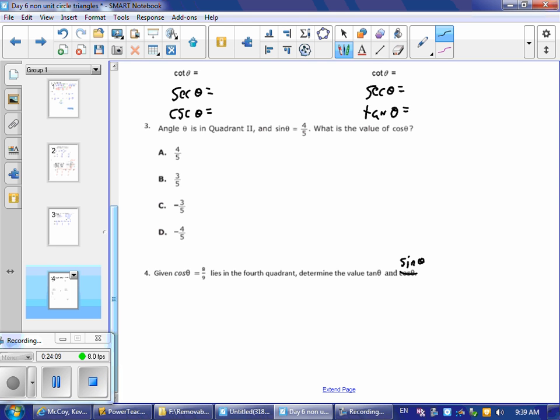Just like if we had the square root of 3 or the square root of 2 that we can use on the unit circles, we leave them that way. So if it does not work out to be a perfect square, and it won't on number 4, leave it under a square root when you go to do your 6 trig functions, or your 2 trig functions that you have there.